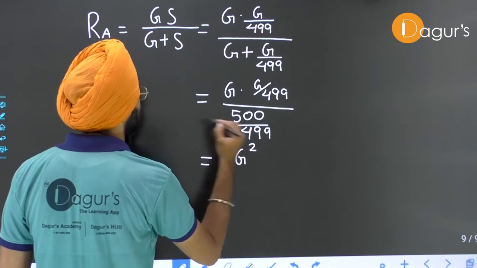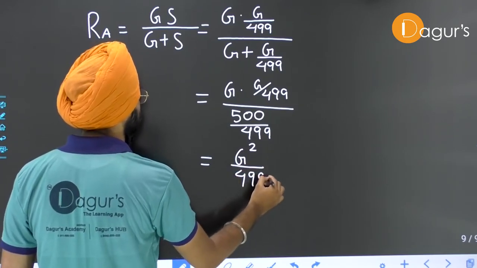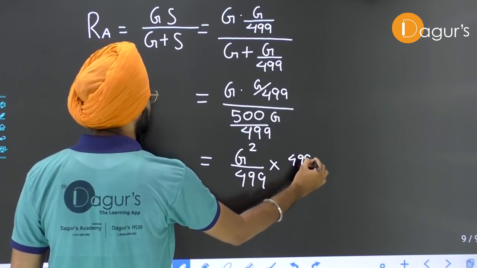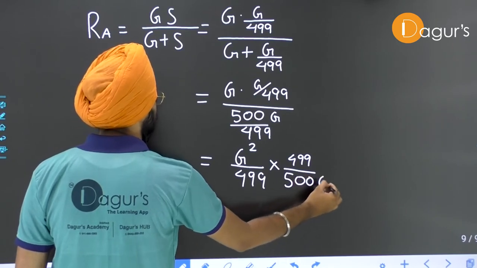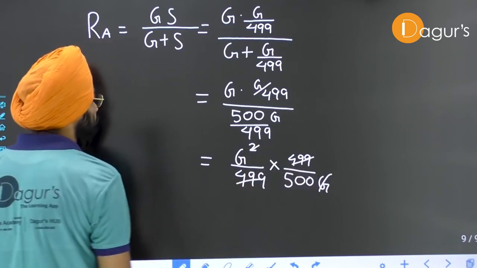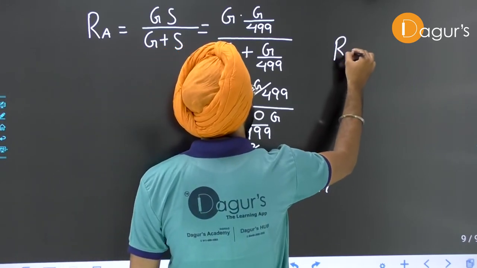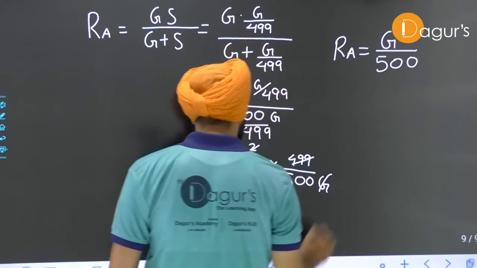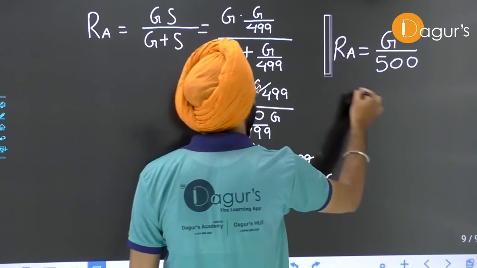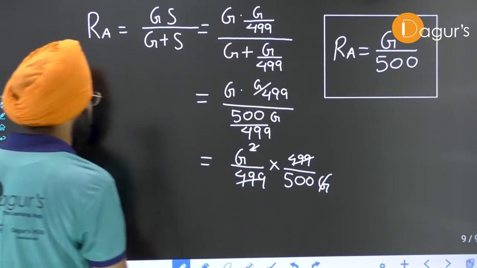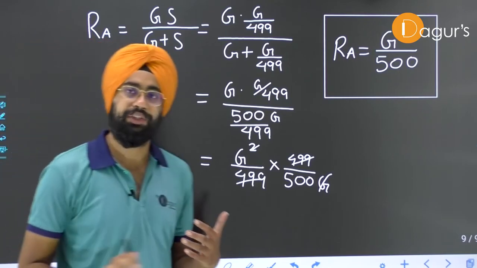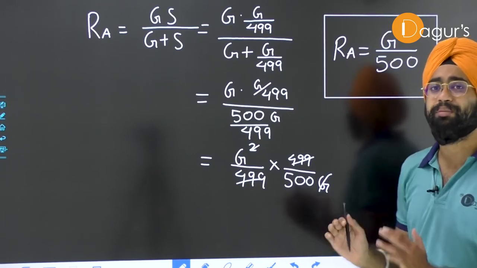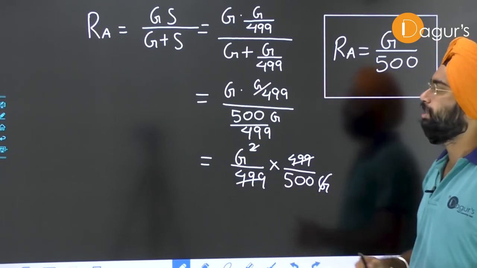So this is G square upon 499 into 499 upon 500 G. The G cancels and 499 cancels. So the resistance of the ammeter is G by 500, which is again less than that of the shunt and the galvanometer. The resistance of the galvanometer was G, the resistance of the shunt was lesser, G by 499, and the resistance of the ammeter is again less, which is G by 500.